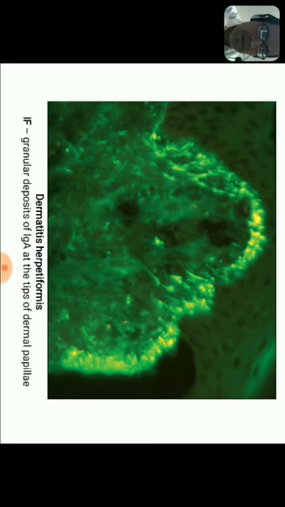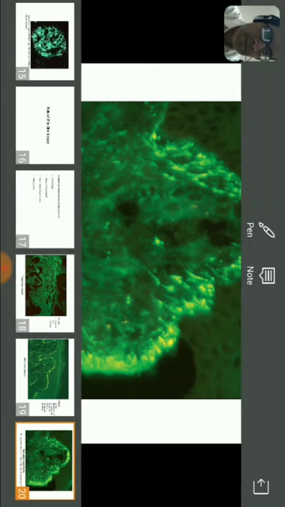Dermal papillae are the part of the dermis which projects into the epidermis. So in dermatitis herpetiformis, you see granular deposits of IgA at the tips of dermal papillae.